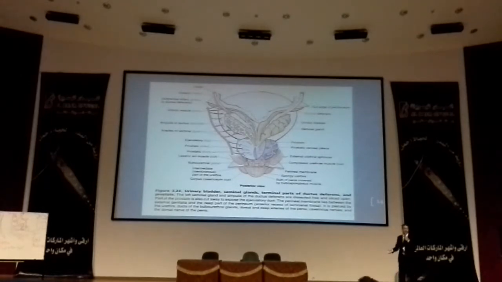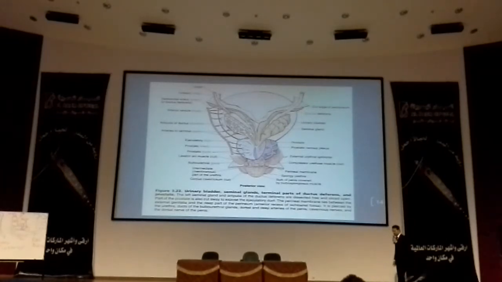Understand? Yes. Now we see this is a seminal vesicle. This is what? Seminal vesicle. Just you have to memorize that. This is a seminal vesicle, which is considered to be a gland belonging to the male genitals, okay? And you see this is an inferior vesical artery, so the blood supply for the seminal vesicle is the inferior vesical artery, and this is very important.